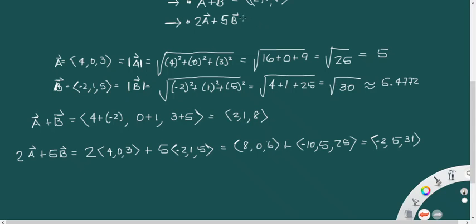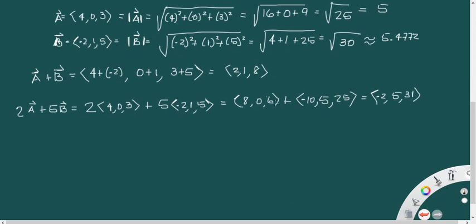So the result for this operation, 2 times A plus 5 times B, equals minus 2, comma 5, comma 31. And with the basic operations, this is the first class exercise.